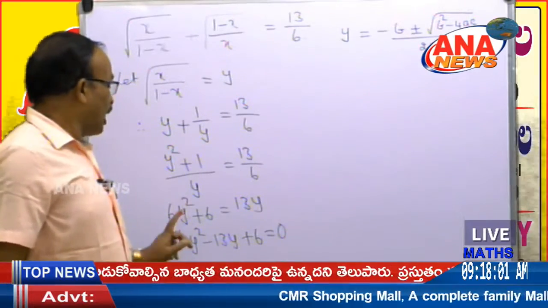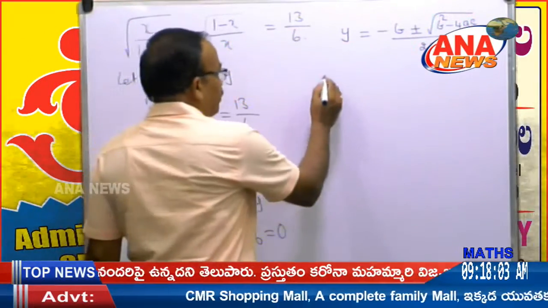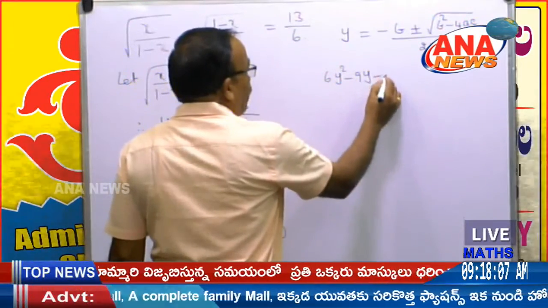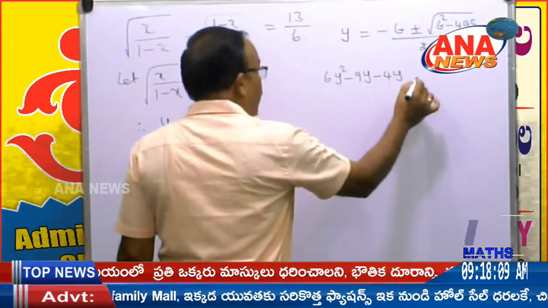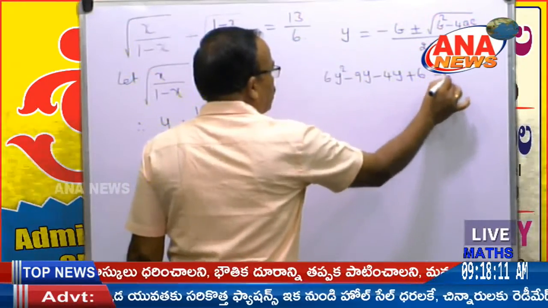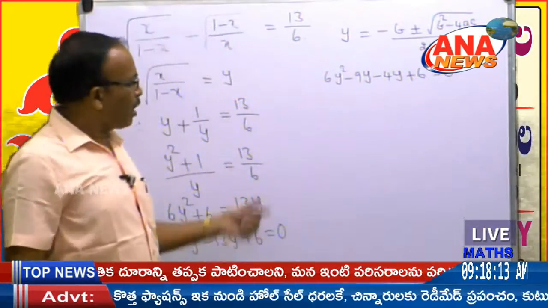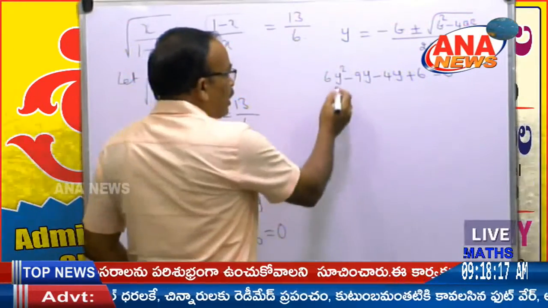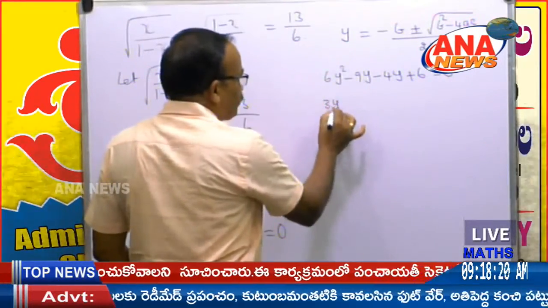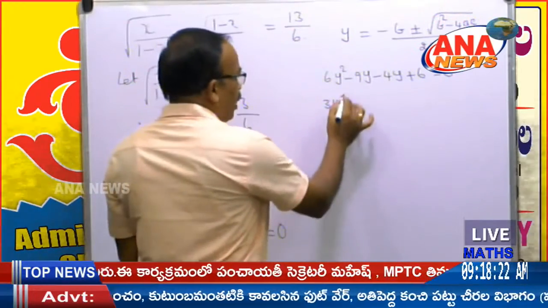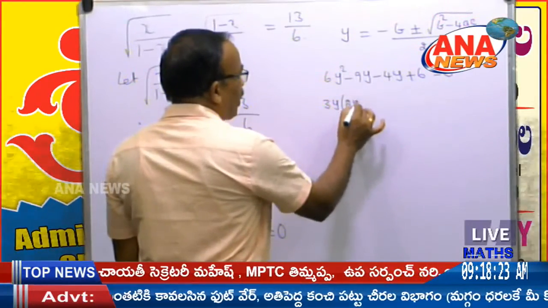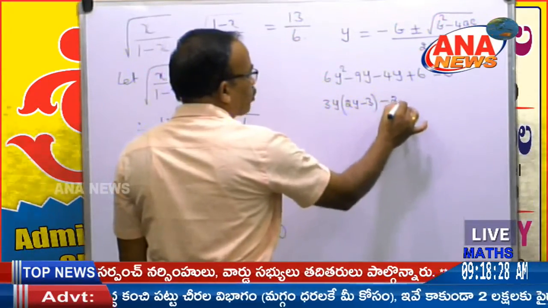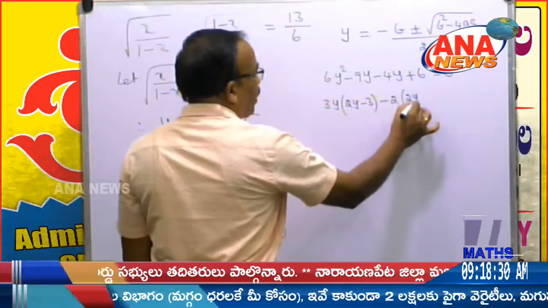So just write 6y square minus 9y minus 4y plus 6 is equal to 0. Now, what is common in the first two terms? 3y is common, remaining is 2y minus 3. In the other two, minus 2 is common, leaving 2y minus 3.